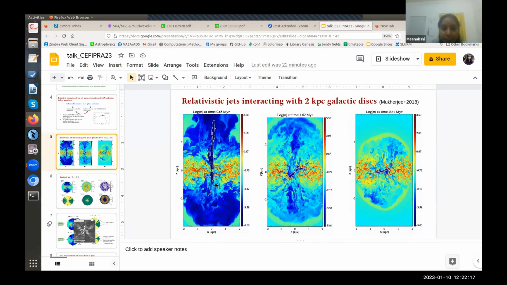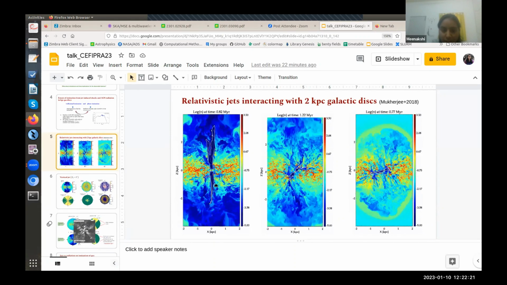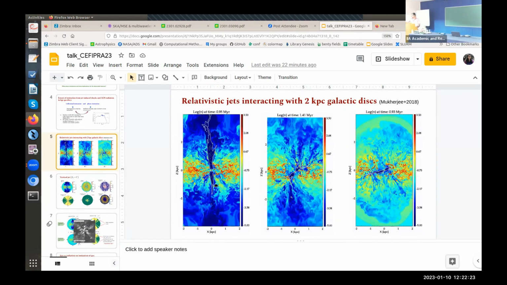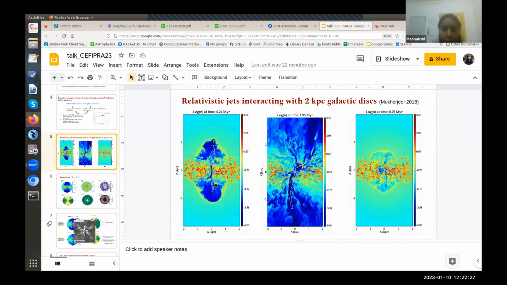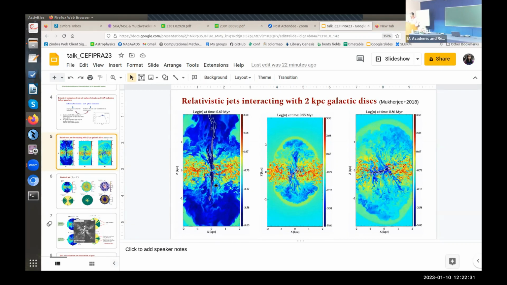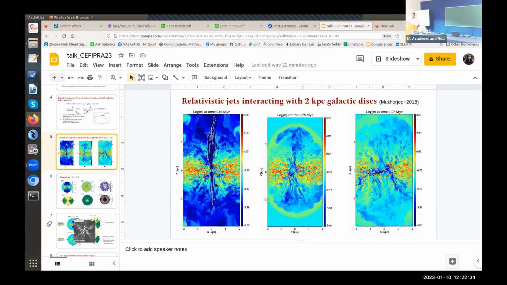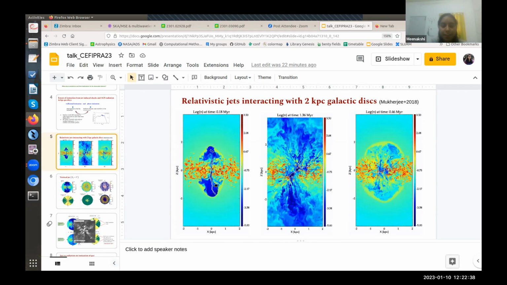Below 1 kpc, what do you mean, the disk radius? Below the extent of the jet from the central engine. You mean the effect of the jet from the central region? Yes, the effect of the jet at 1 kpc scale or below. Yes, it can go.